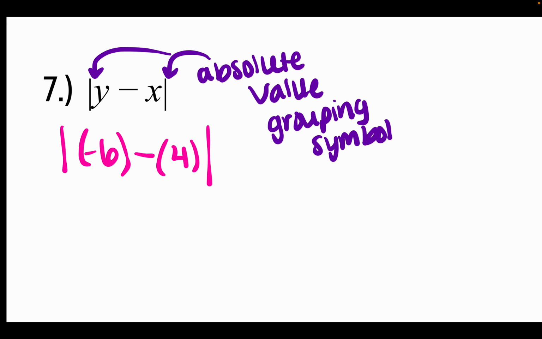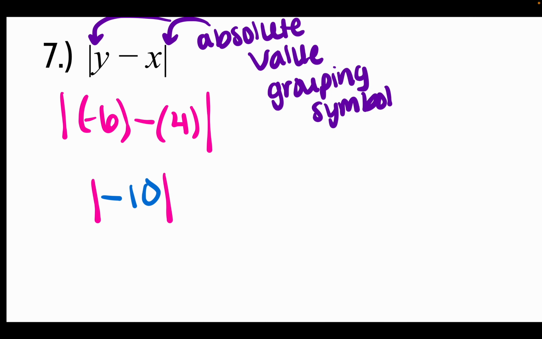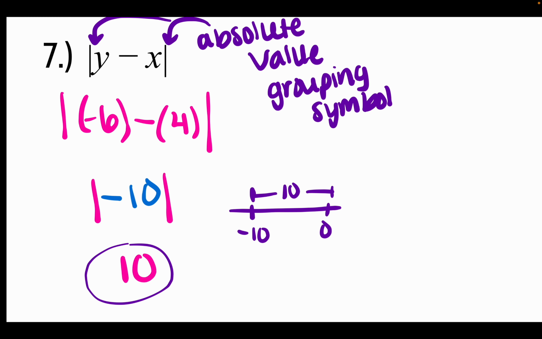So negative 6 minus 4 is negative 10, but then we have those absolute value symbols. So here's that absolute value of negative 10. That is just positive 10. Okay, because what that means is negative 10 is 10 away from 0 on the number line. So it's a distance of 10. So that's what that means. So just think of it as making that answer positive.